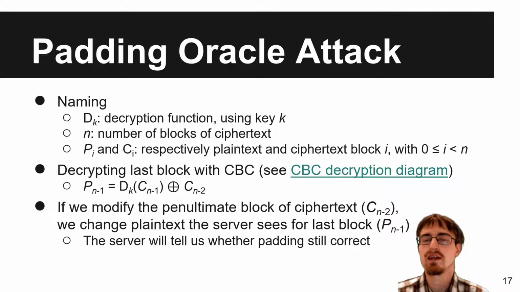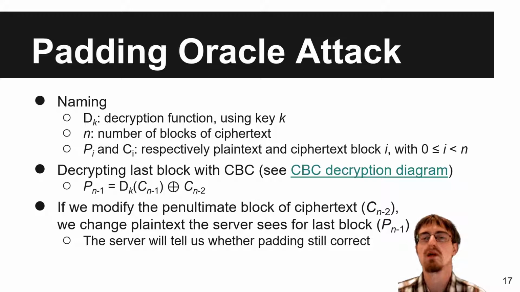Now this means that if we change the penultimate block of ciphertext, so not the last but the one right before the last, it means we change the plaintext that the server will see for the last block. And this is very predictable because they're using an XOR operator. Now at this point, based on the assumptions I mentioned, the server will check whether the padding is still correct.